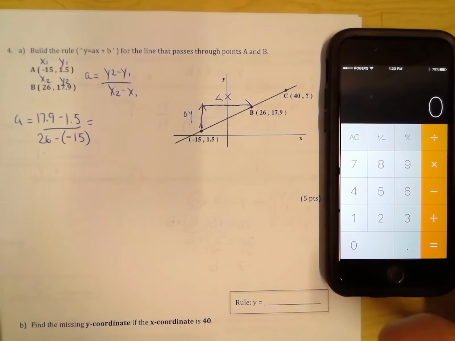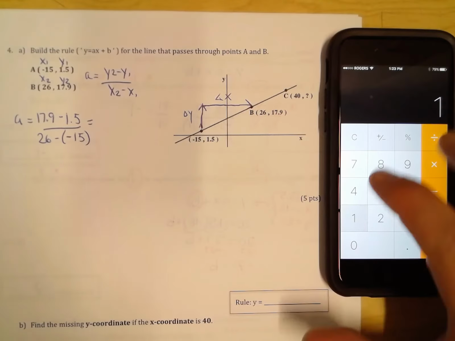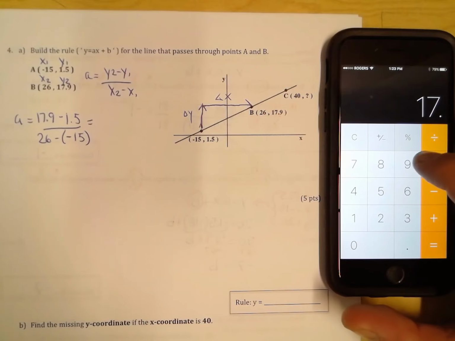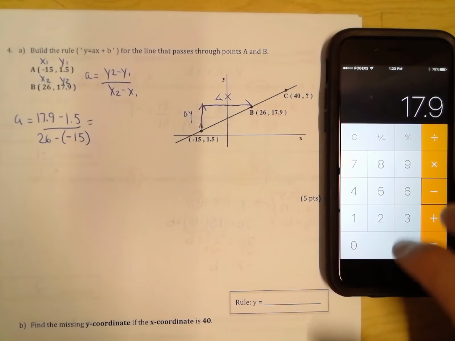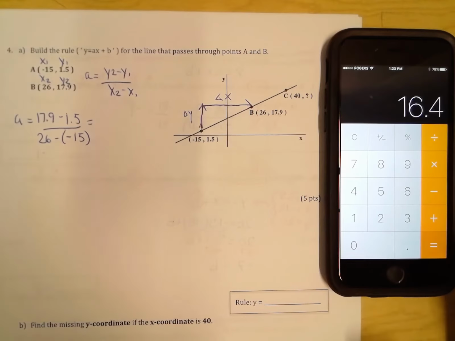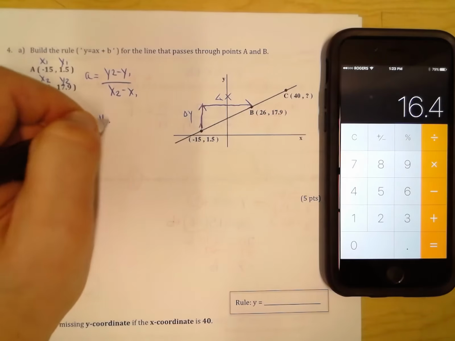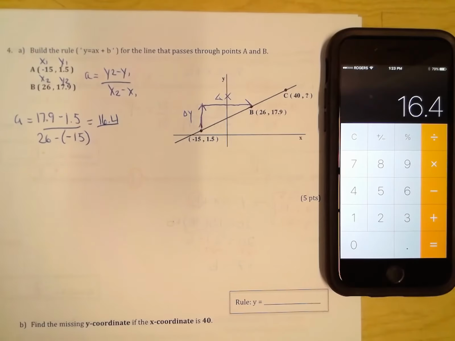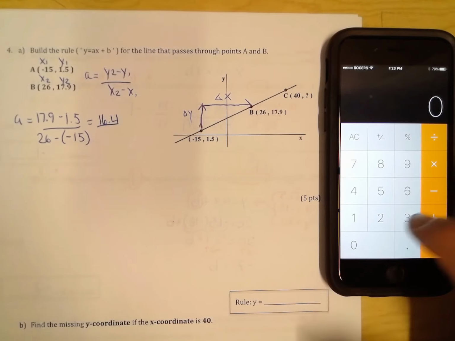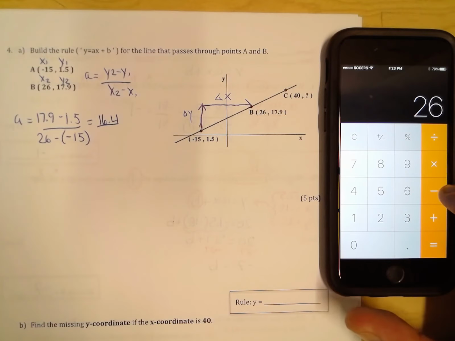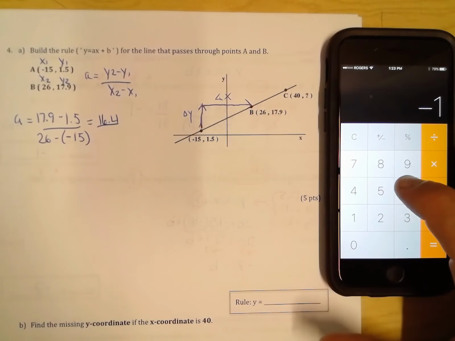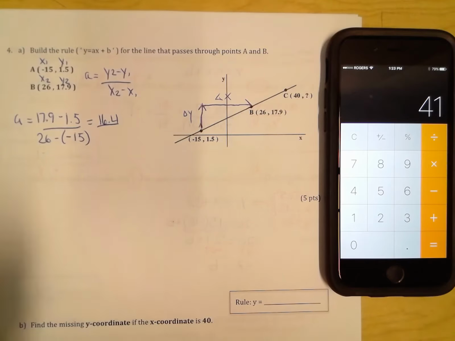And now I can come to the calculator if I don't get texted again and do a very quick subtraction. So 17.9, oh my god, like clockwork, minus 1.5 is equal to 16.4. I got to divide that by, clear, 26 minus negative 15, and I get 41.